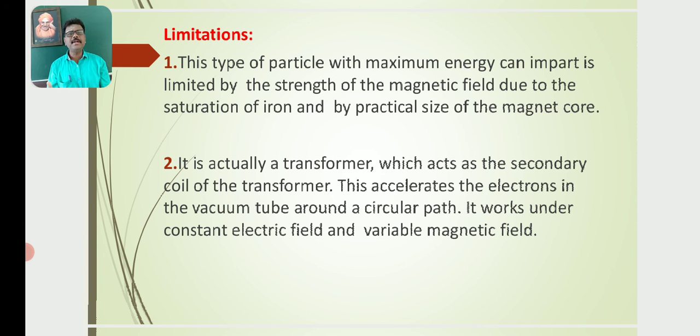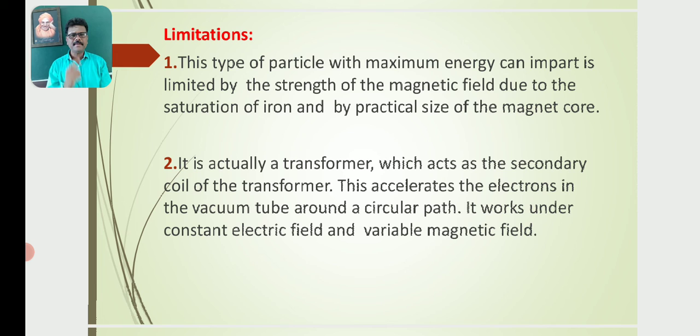Then what are the limitations of Betatron? The maximum energy a particle can be given is limited by the strength of the magnetic field, due to the saturation of iron, and by the practical size of the magnet core.